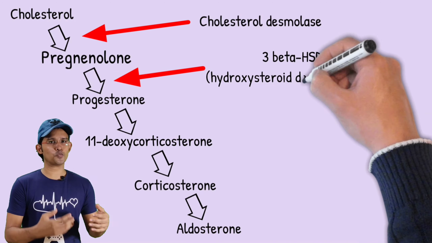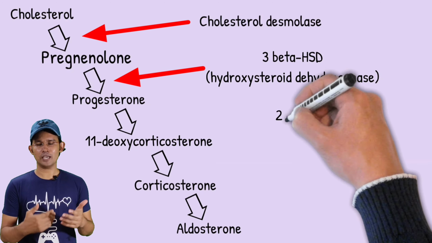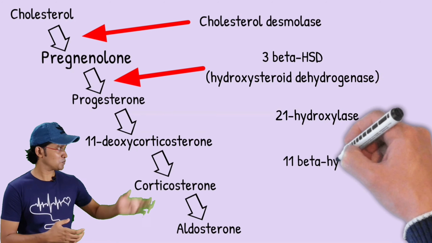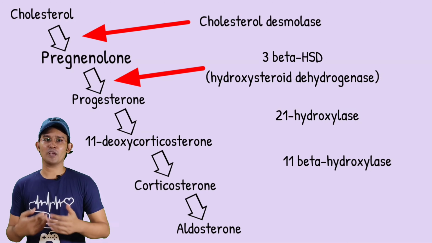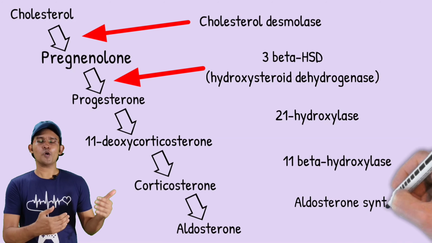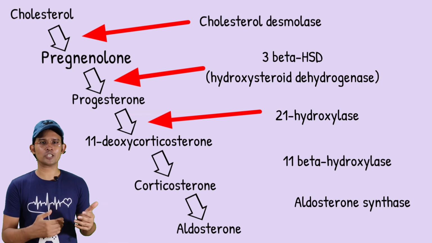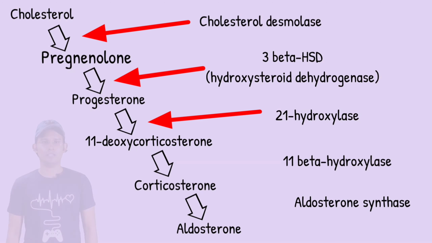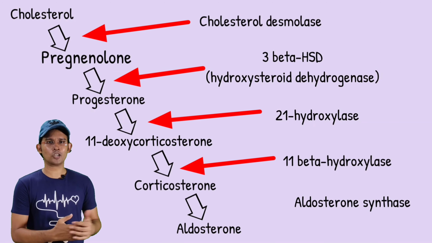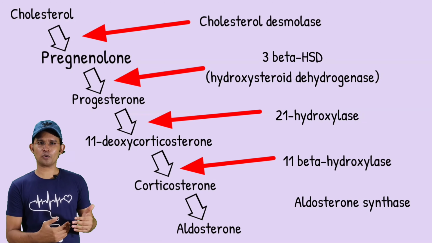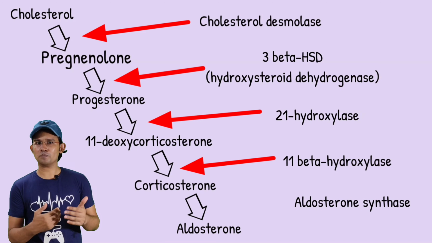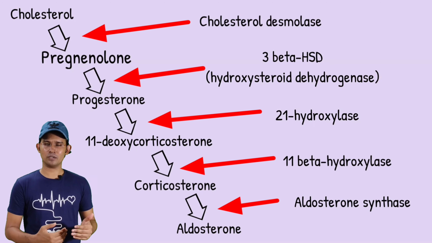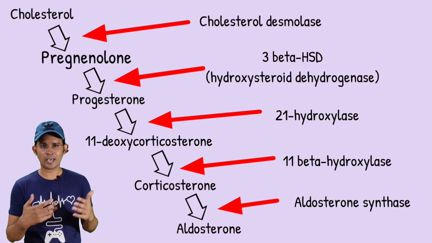From pregnenolone to progesterone is done by 3 beta hydroxysteroid dehydrogenase. Next, from progesterone to 11-deoxycorticosterone is done by 21 hydroxylase, and from 11-deoxycorticosterone to corticosterone is done by 11 beta hydroxylase, and from corticosterone to aldosterone is done by aldosterone synthase.